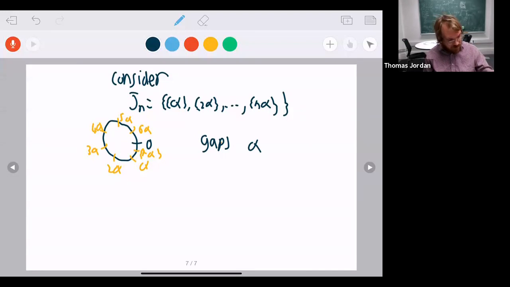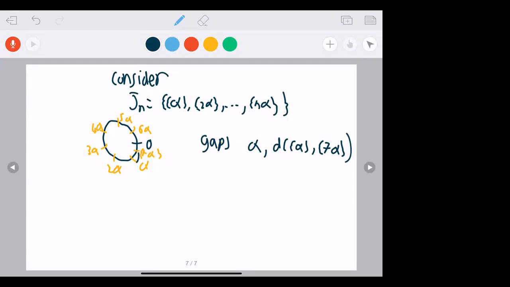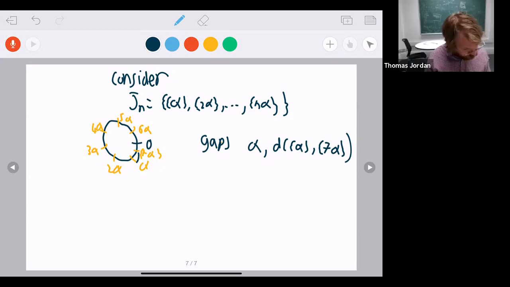And that's going the whole way around until we get to 7 alpha. And then there's the gap between alpha and 7 alpha, which is this gap here.